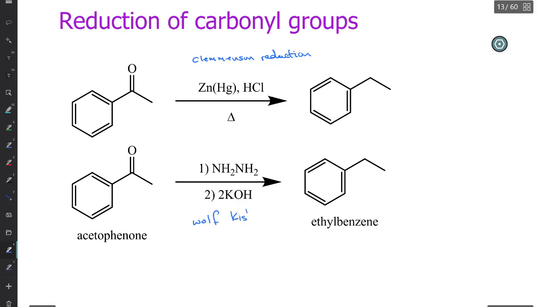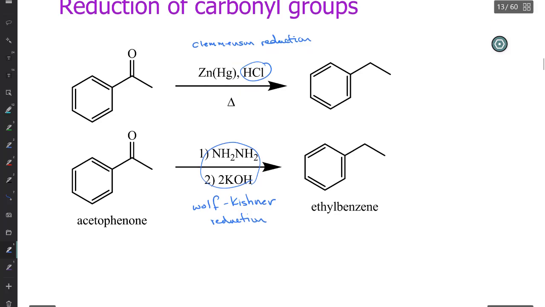And the Clemmensen reduction is done under fairly acidic conditions. The Wolff-Kishner reduction is done under fairly basic conditions. What they do is they result in the removing of the oxygen. And so you can take a ketone and reduce it down to a methylene group, a CH2 group.